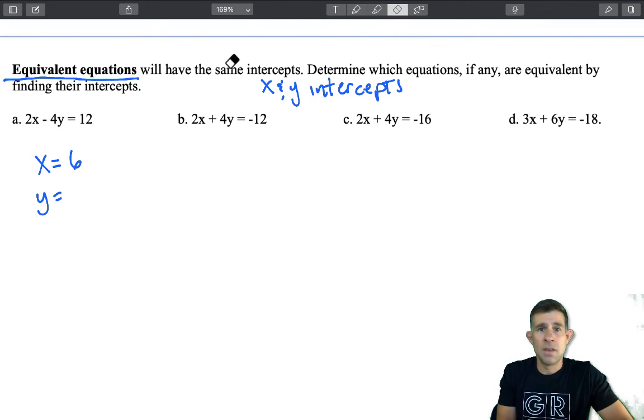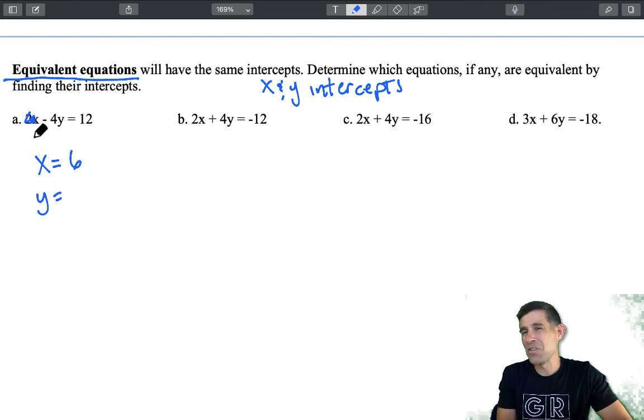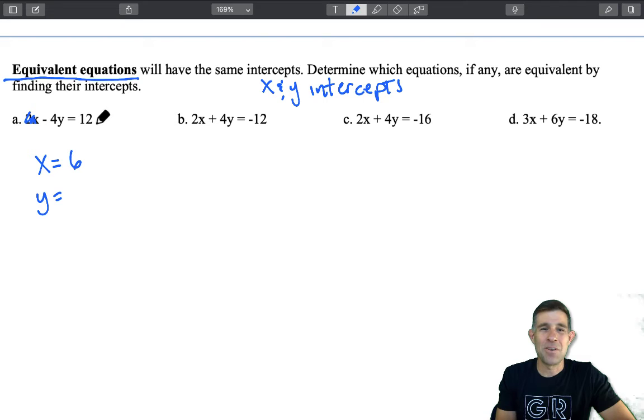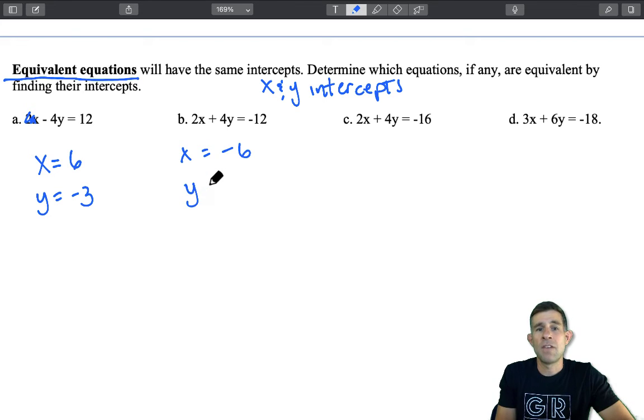Now we're going to solve for the y-intercept by covering up the x and solving for y. Divide that 12 by negative 4, we get negative 3. Let's go to the next equation here, 2x plus 4y equals negative 12. Solving for the x-intercept, divide over that 2, and I'm going to have negative 6. If I solve for the y-intercept, I'm going to end up with negative 3.